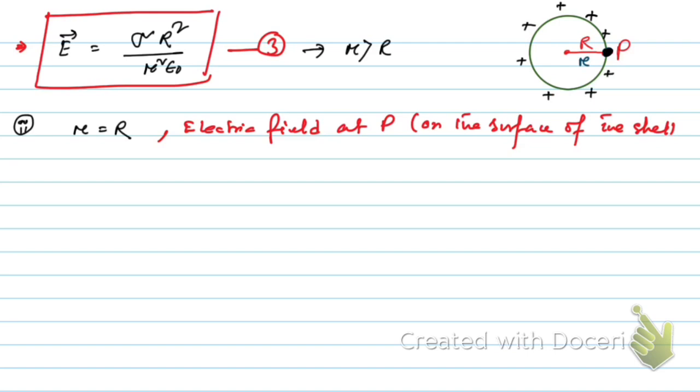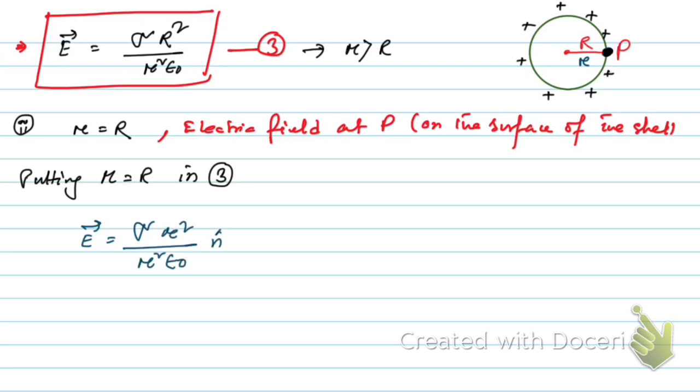Okay, so in this case, putting small r is equal to capital R in 3, what we're gonna have? We're gonna have electric field E equal to sigma, instead of capital R we're gonna put small r square by small r square into epsilon naught n cap.